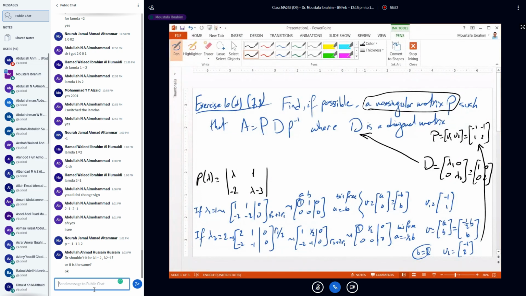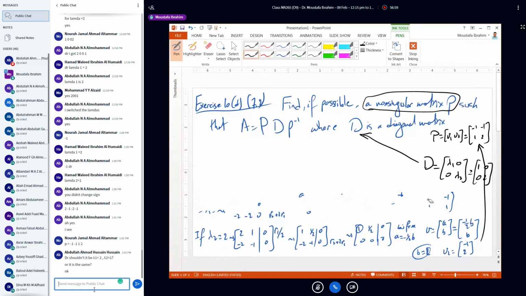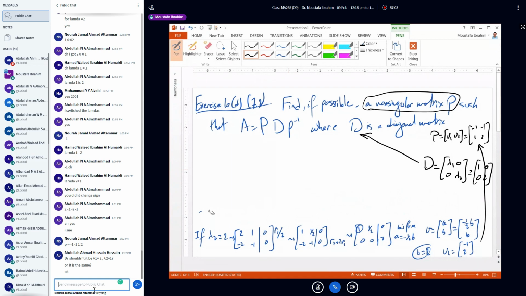Look, Abdullah. If you want to say that D, lambda 1, 0, 0, lambda 2, is equal to 2, 0, 0, 1, okay?